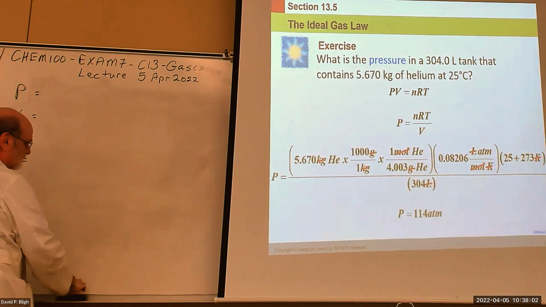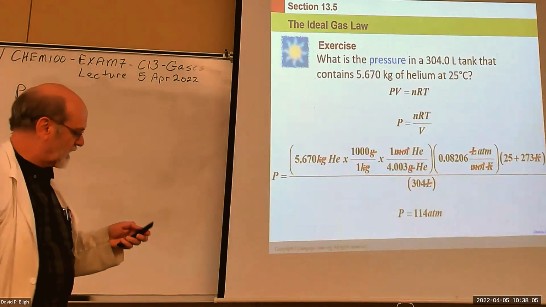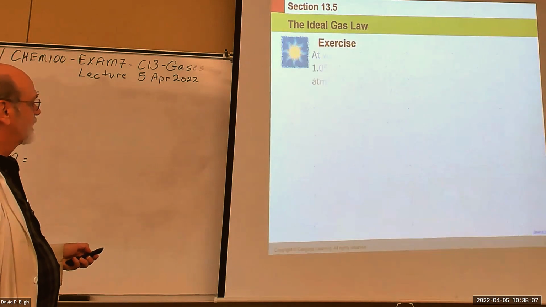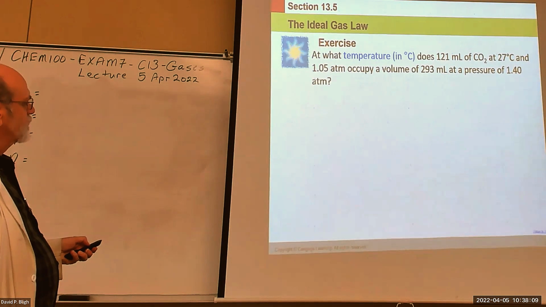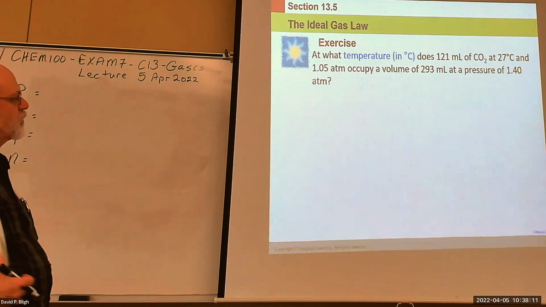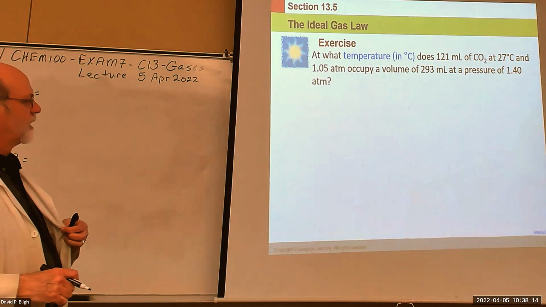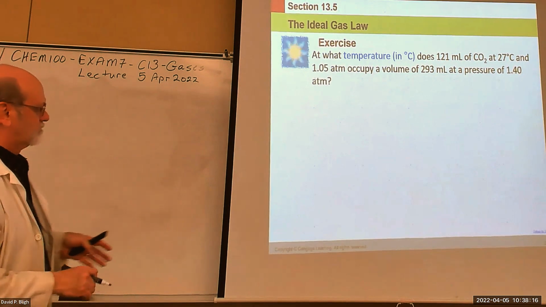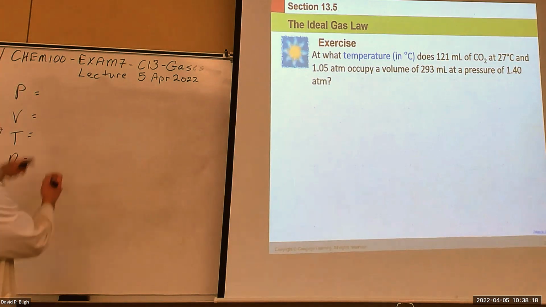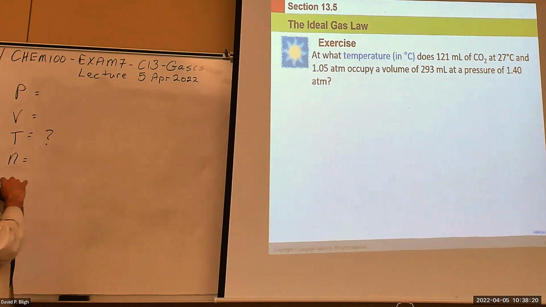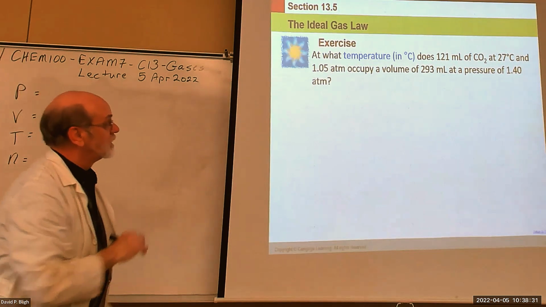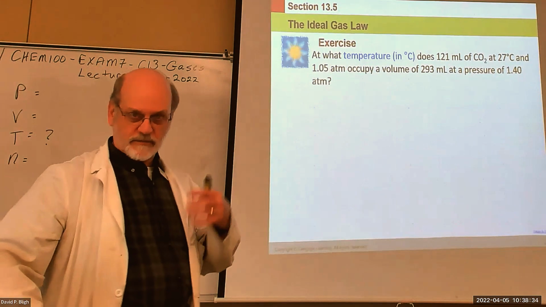Okay. We got another one. At what temperature does 121 milliliters of CO2... All right, I'm just going to set this one up. Temperature is our unknown. 121 milliliters of CO2 at 27 degrees and... oh no, it threw me a curve.